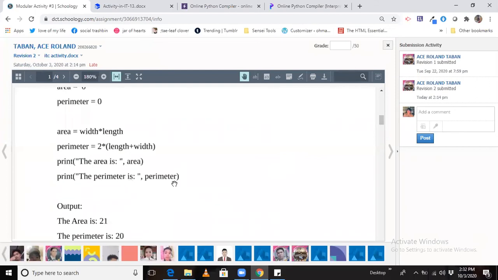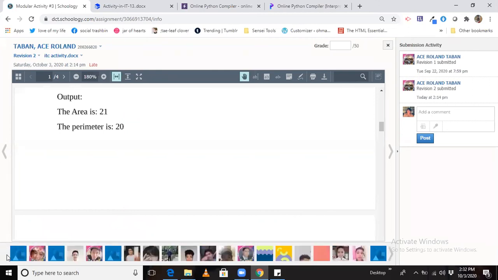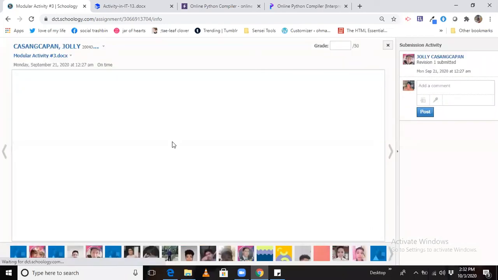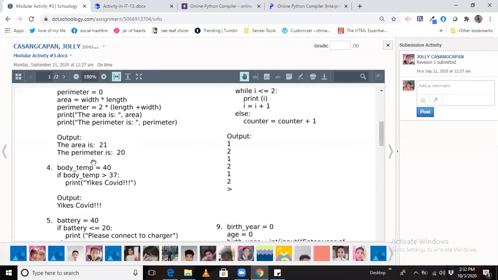Area, perimeter, output. Area is 21, perimeter is 20. Let's check natin yung kay Jolly. So, mostly siguro ganito din yung output. Number 3, area is 21, perimeter is 20.